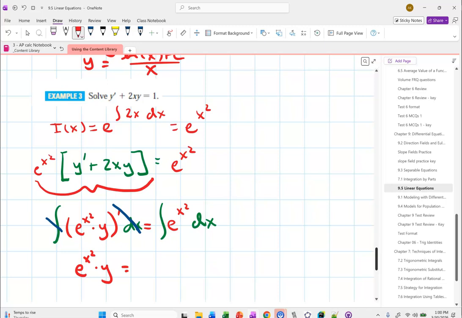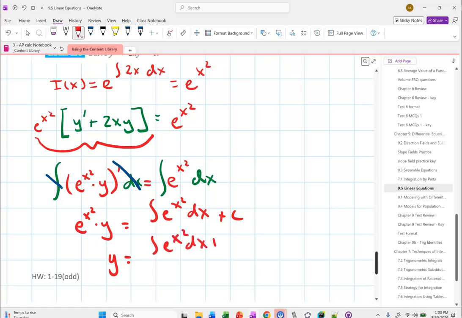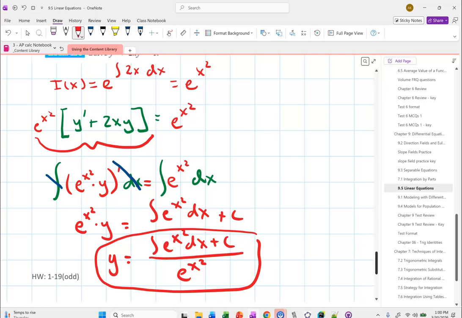I don't think this is tractable, so I think what we have to do is just write it as this, and then divide over the e to the x squared. I don't think that'll solve by parts. I think we just have to do that and say that's as good as we can do. Let me double check the textbook and make sure that is indeed what we do here.